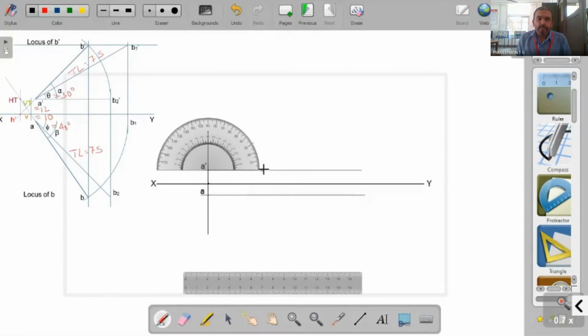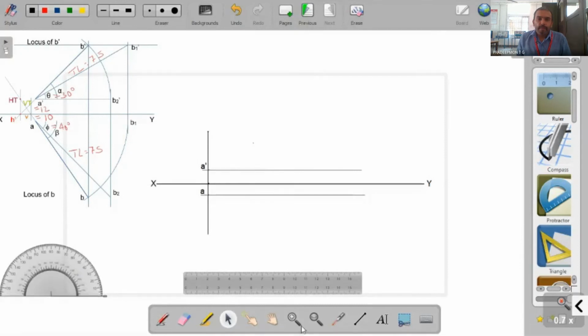So here is 30 degree. And then join A dash with this line and extend it to some distance so that we should be able to mark at least 75 millimeter on this particular line. So we extend it so that we can mark a distance equal to 75 millimeter on that.